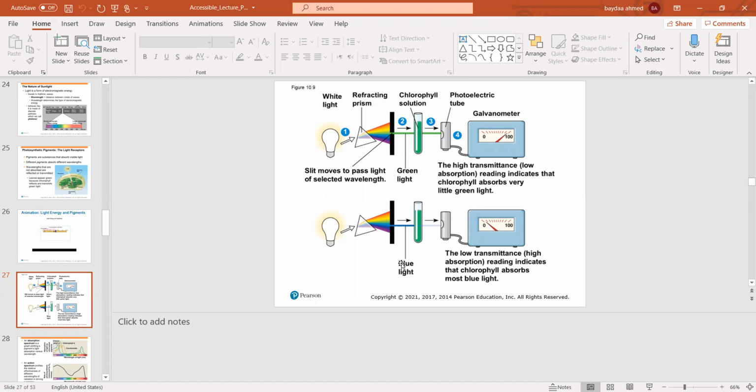The transmitted light strikes a photoelectric tube, which converts the light energy to electricity. The electric current is measured by a galvanometer. The meter indicates the fraction of light transmitted through the sample, from which we can determine the amount of light absorbed.